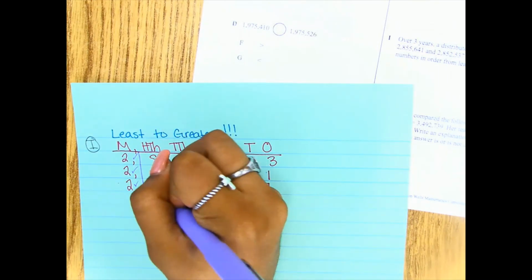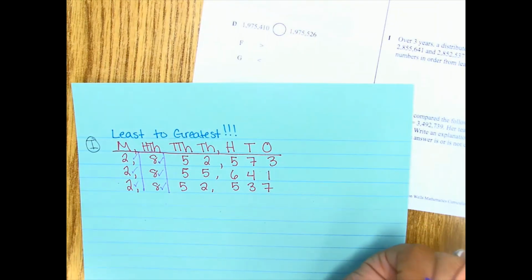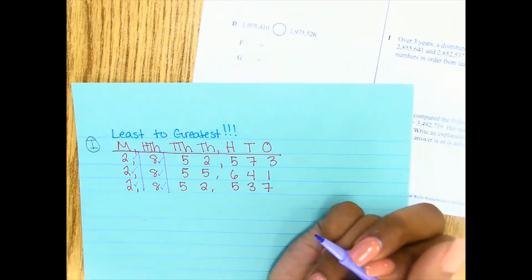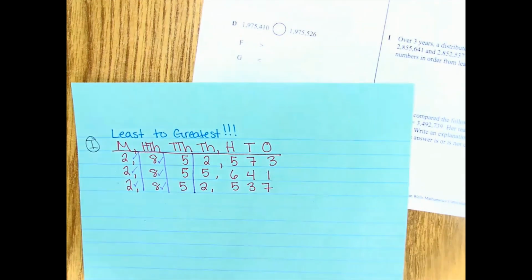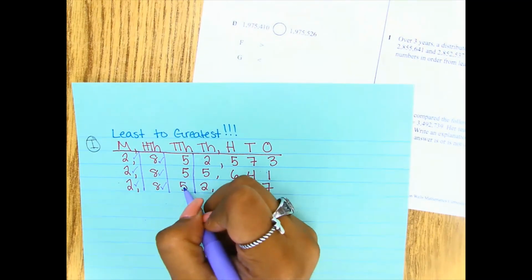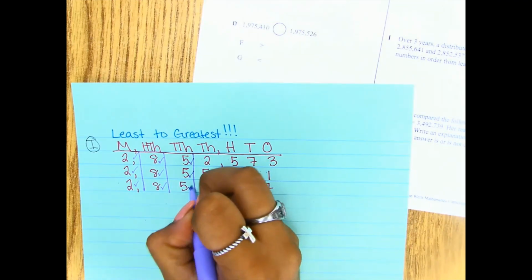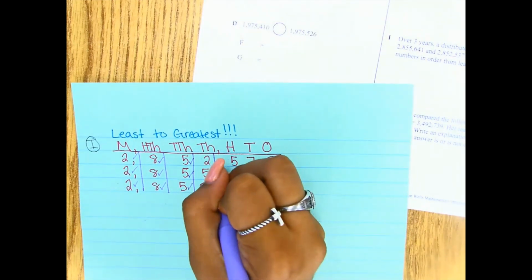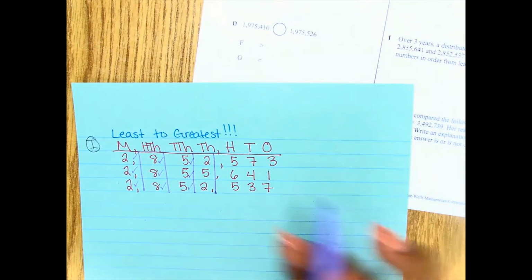No. So I now have to go to my next one, which is my 10,000s place. So now here in my 10,000s place, it is 5, 5, 5. Are these equal? Yes. This also doesn't help distinguish whether it's greater or least, so I'm going to go here to my next one. Now here, I have a 2, 5, and 2.